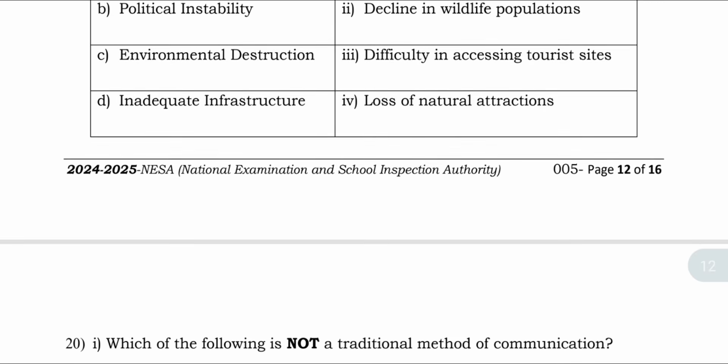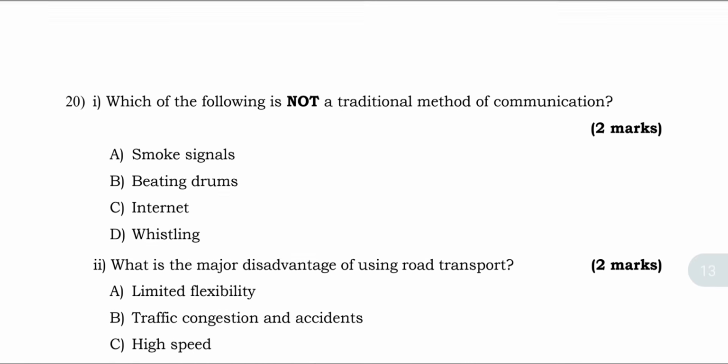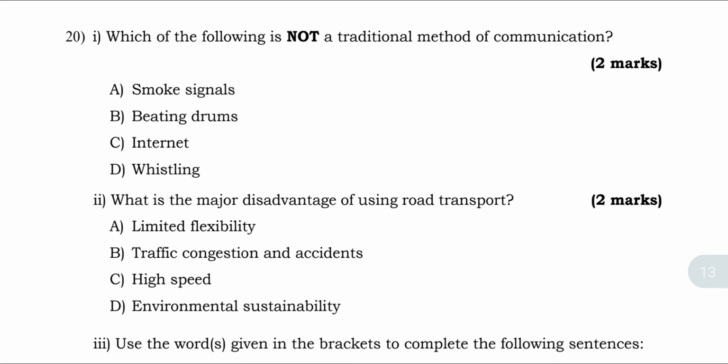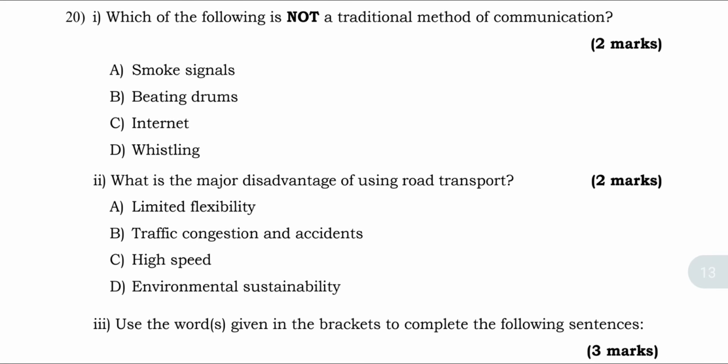Whereas the last one is loss of natural attraction. Question 20. A. Which of the following is not a traditional method of communication? Have to know that not. Smoke signals, beating drums, internet, whistling. The answer is internet.